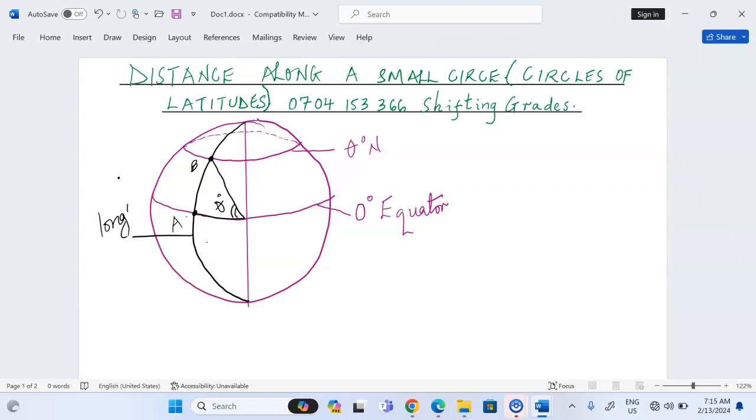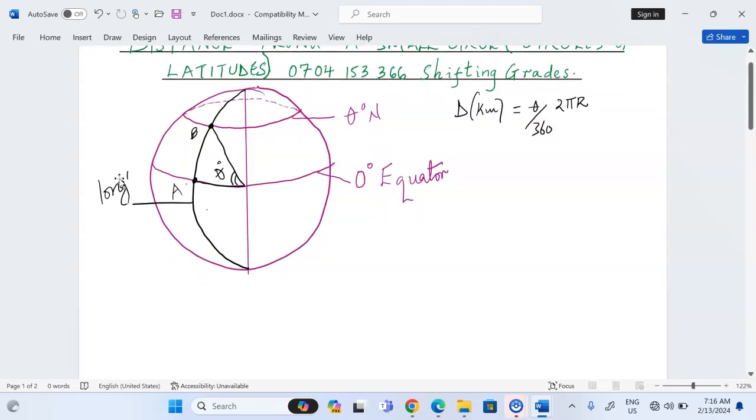So for arcs within a great circle along a longitude, we take the distance in kilometers to be theta over 360 times 2 pi r, where r is the radius of the Earth.